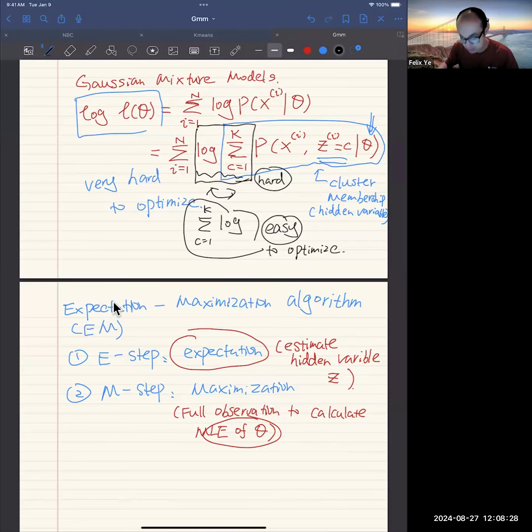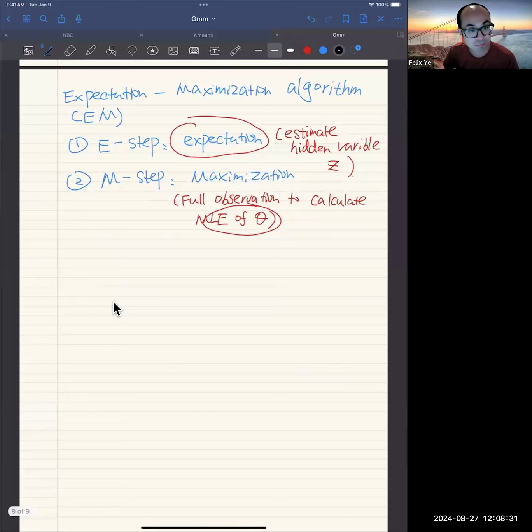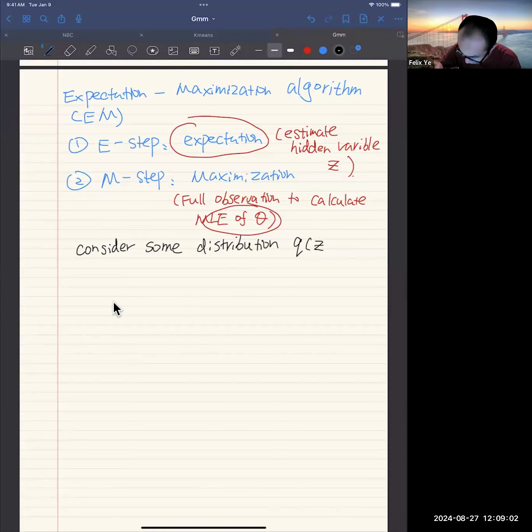There is some logic underneath this. The first thing is we're going to consider a set of distributions over the hidden variables. Let me step back and think in a slightly different way. We consider some distribution, which I'm going to call Q of z_i, over z_i, the hidden variables.